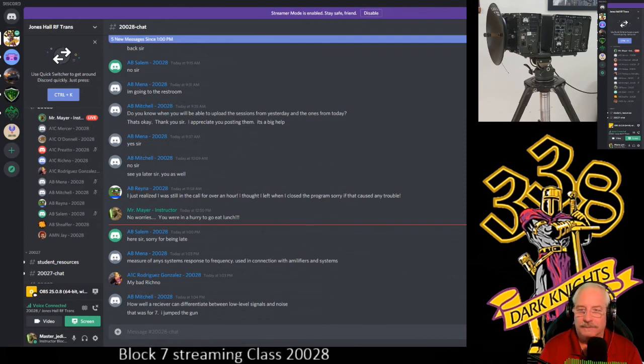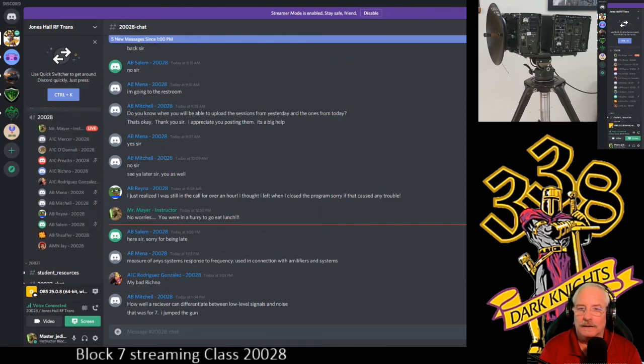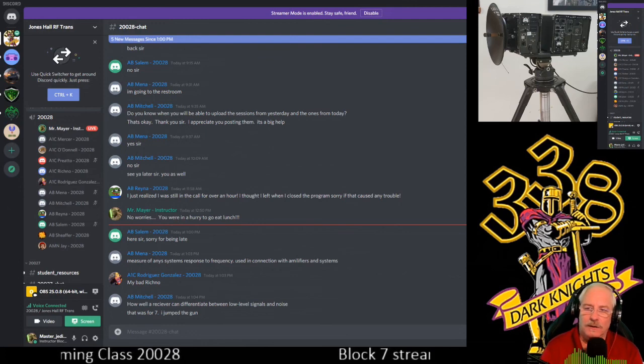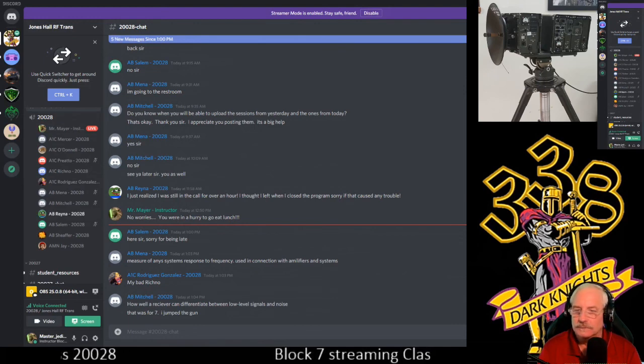Number 7. What is that? Who we on anyway? Number 7. Mitchell typed it in chat. Okay, how well a receiver can differentiate between low-level signals and noise. Perfect, that's good. Number 8. Is it recover the baseband signal?